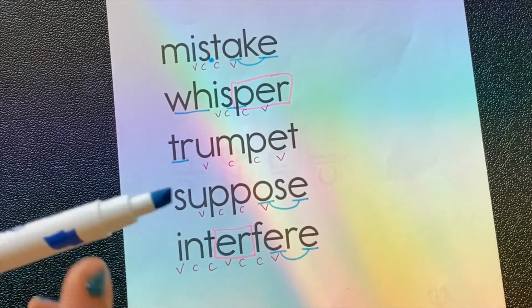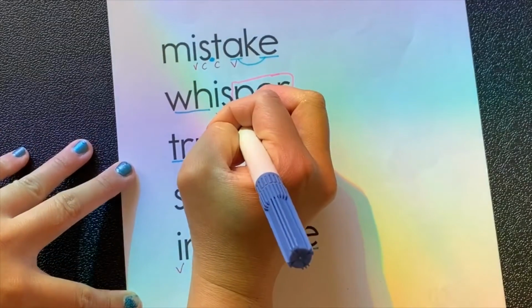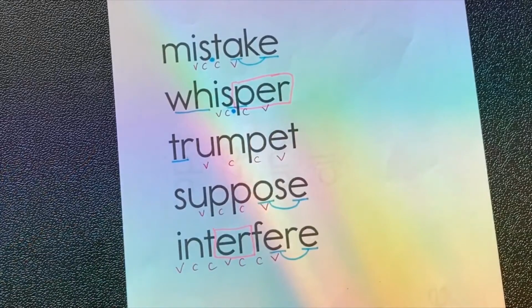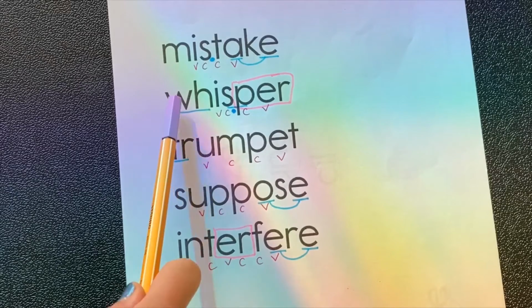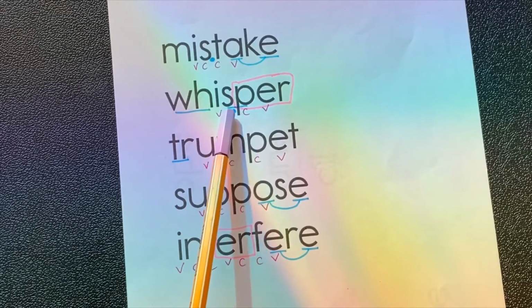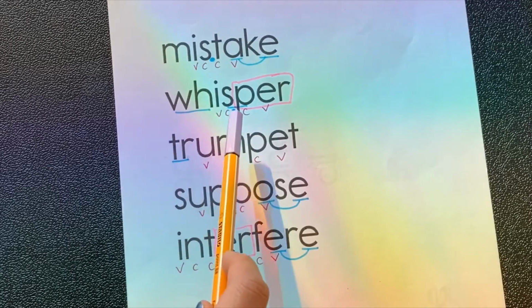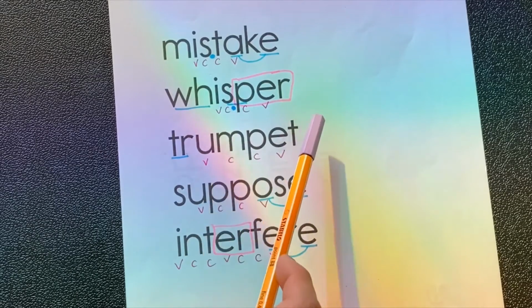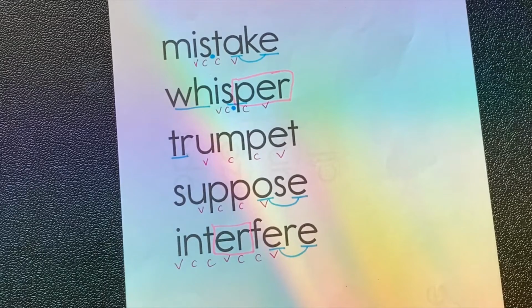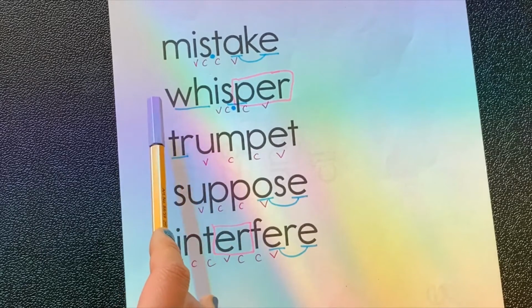So that tells us that we are going to split right here in between the S and the P. And my friends, we have a few consonant blends here. We have a W and we have a SP. Ready? So, first syllable, whis. Second syllable, per. Ready? Try for the real word, whisper.